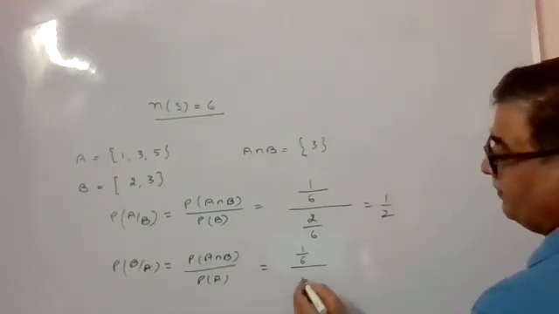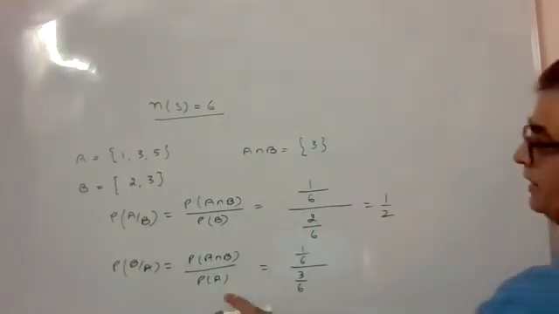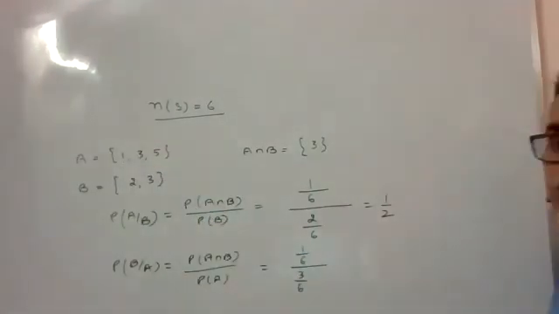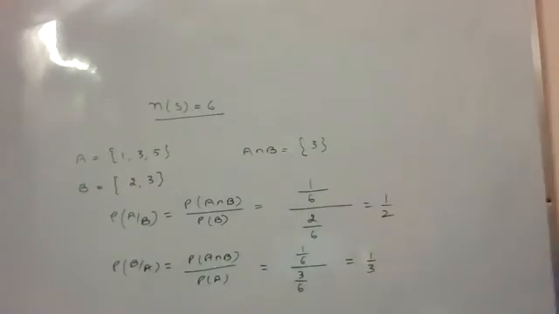P(A) कितना हो जाएगा आपकी बार? 3 by 6. P(A) कितने केसेस फेवर कर रहे हैं? एक को 3. So we will say the answer come out to be 1 by 3. Is there any doubt? No, sir.